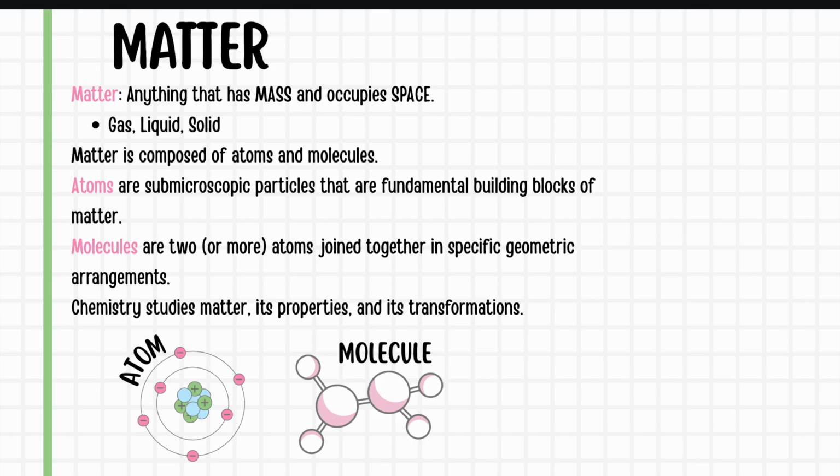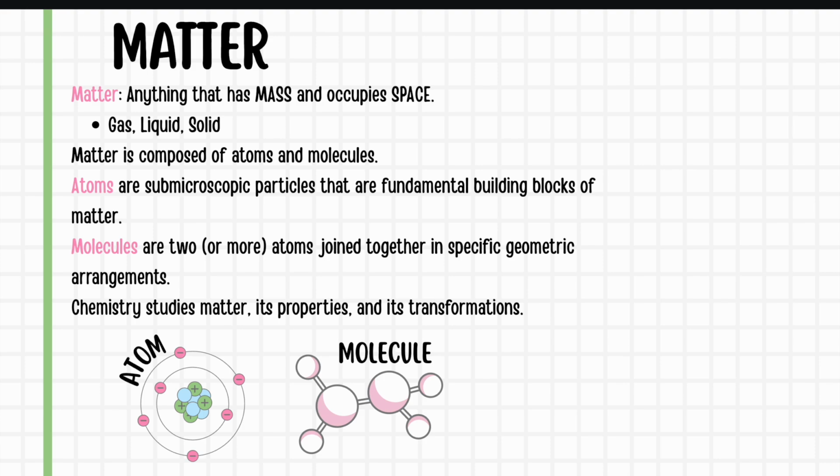Molecules, however, are made up of atoms, and they're made up of specifically two or more atoms that are joined together in specific geometric arrangements. And the keywords here are specific geometric arrangements, because you can have atoms of oxygen and hydrogen, but if these atoms are not arranged as H2O, your product will not be water, right?